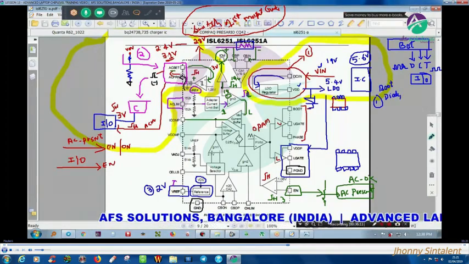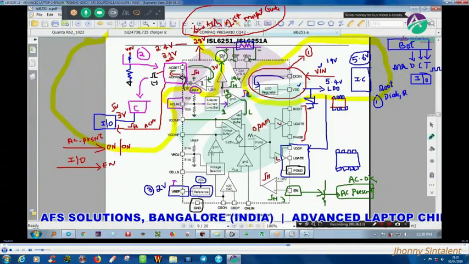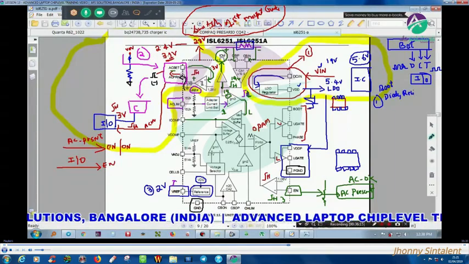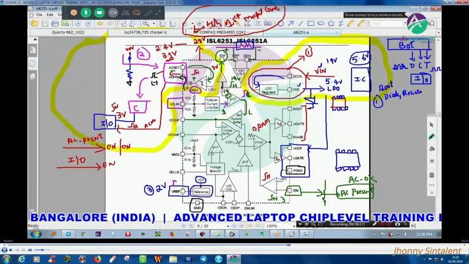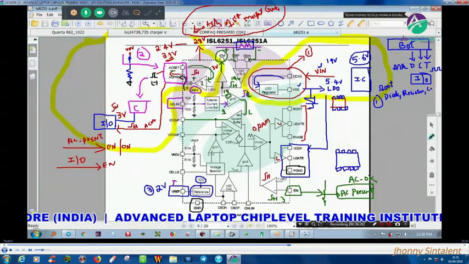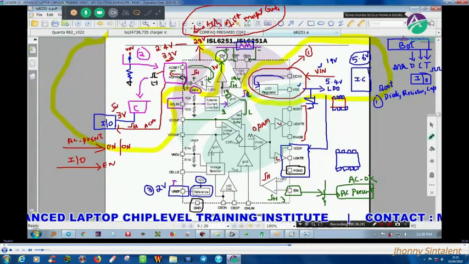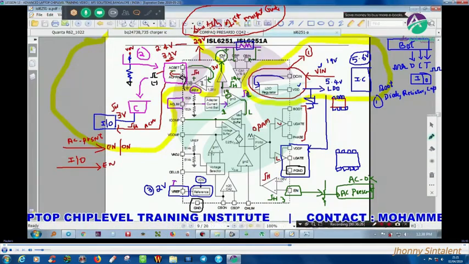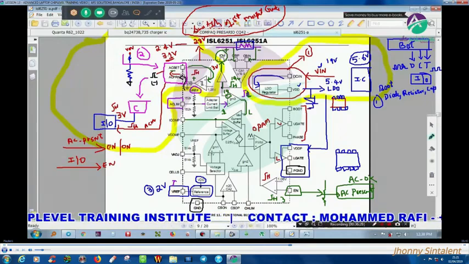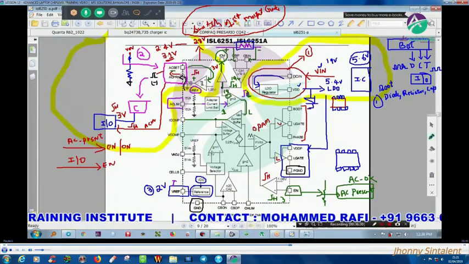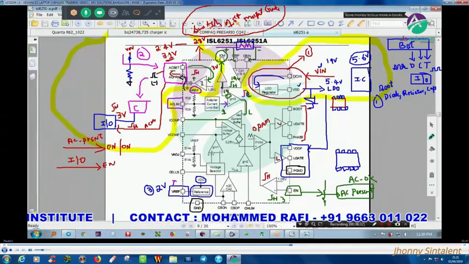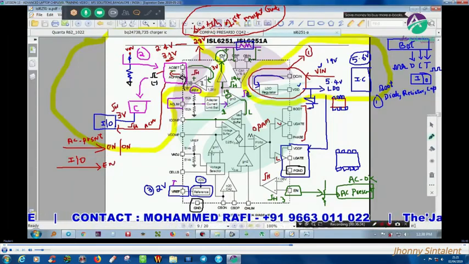I will call it a bootstrap diode, and I need a resistor and a capacitor for pumping. So when I'm speaking about boot, the boot will be connected to VDD, that means drive voltage. So the VDD voltage is going to bootstrap. In between you'll have a resistor and capacitor.